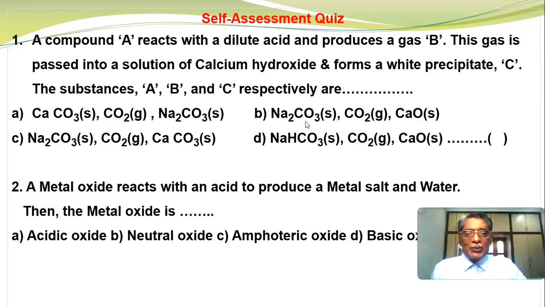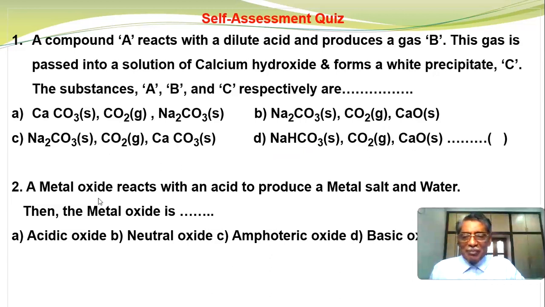Option B, Na2CO3, CO2, CaO. Option C, Na2CO3, CO2, CaCO3. Option D, NaHCO3, CO2, and CaO.